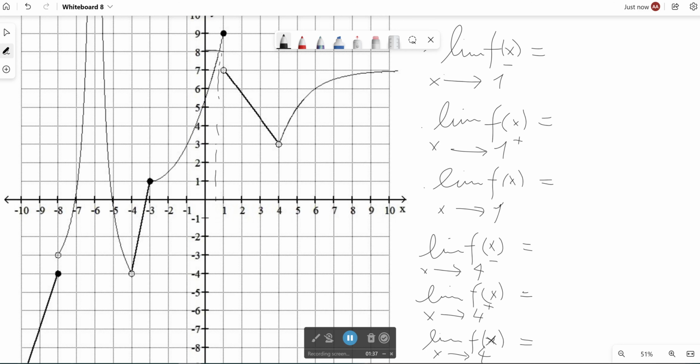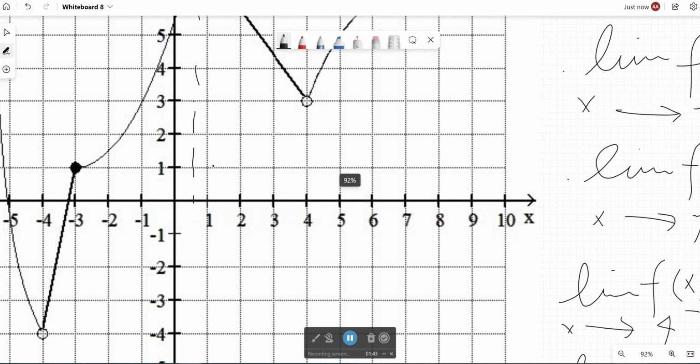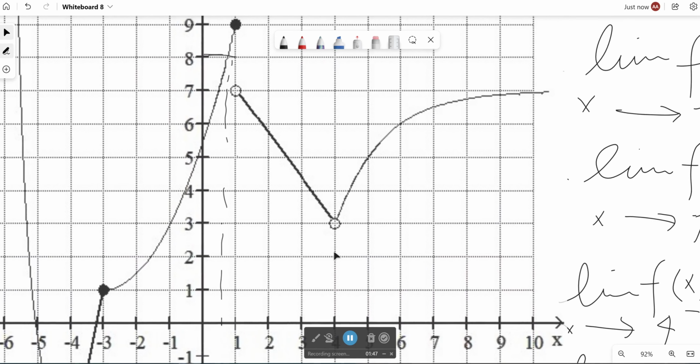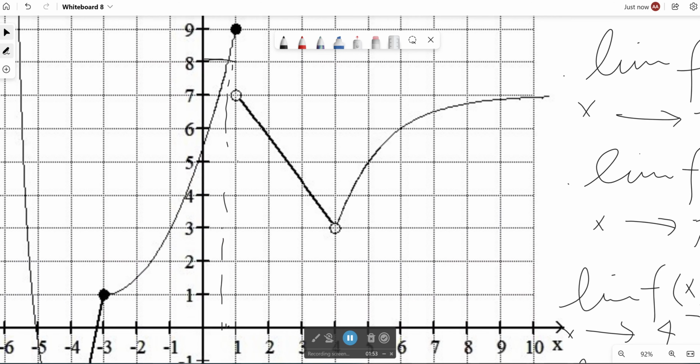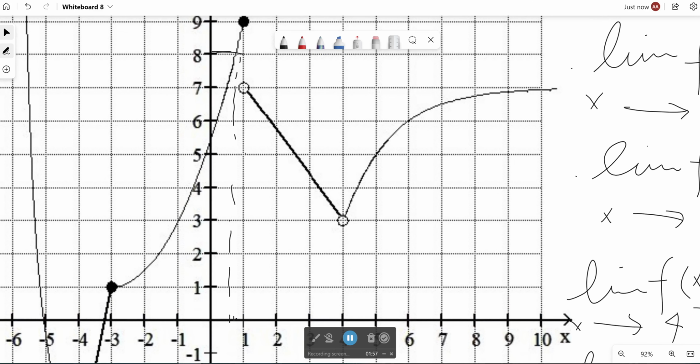Then we step one step closer. Probably need to enlarge this. Let's say here, find the f of x.